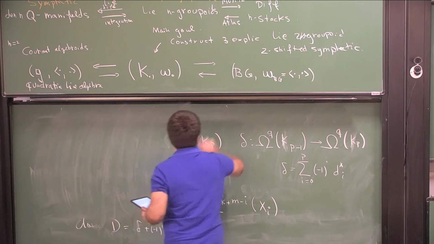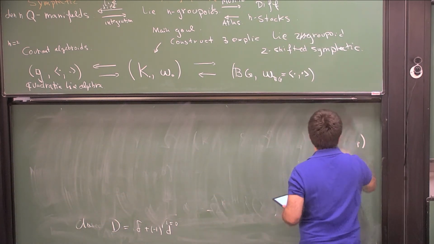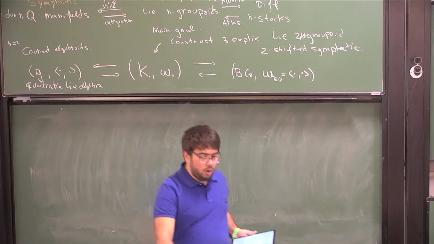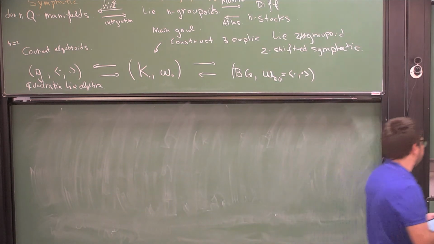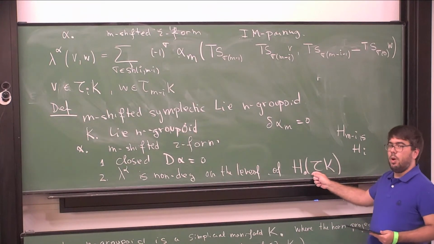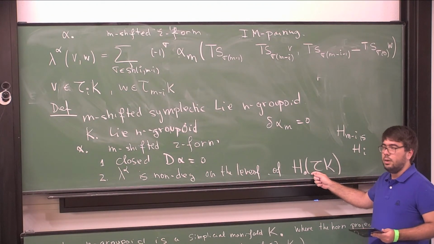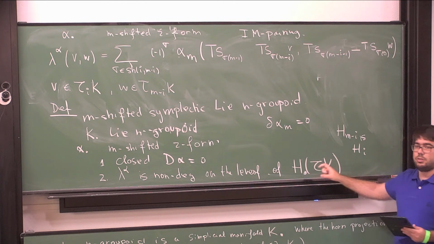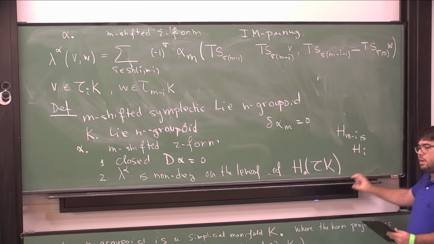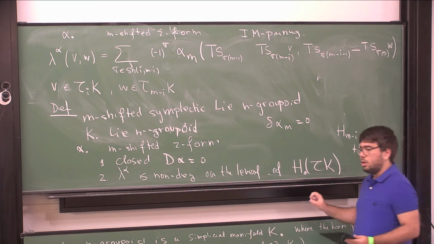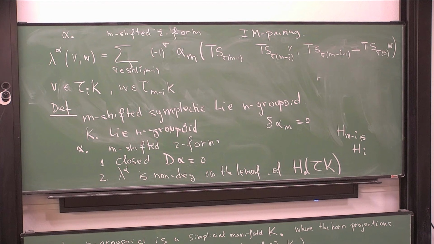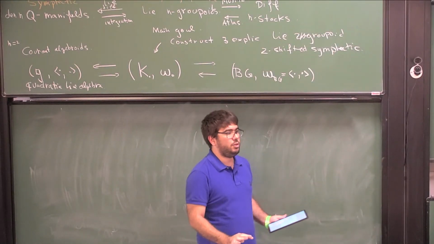So let me say just a couple of remarks. So the first remark is that by the definition, suppose that I have a Lie groupoid, and the zero homology group and the n homology group are different than zero, then the only symplectic structures that I can have are n-shifted symplectic Lie groupoids. So that's the generic case, because generically you will have that the two homology groups are different from zero.